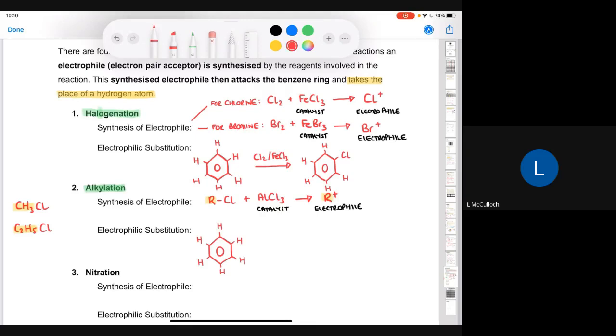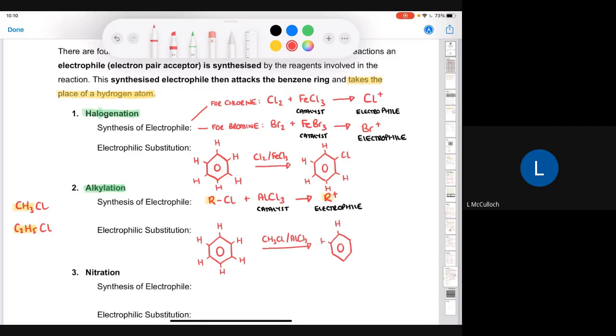So for this one, let's do a substitution with a methyl. That means we're going to want to use CH3Cl with the aluminium chloride catalyst. And we are going to substitute on the CH3 plus that would be generated in this reaction.